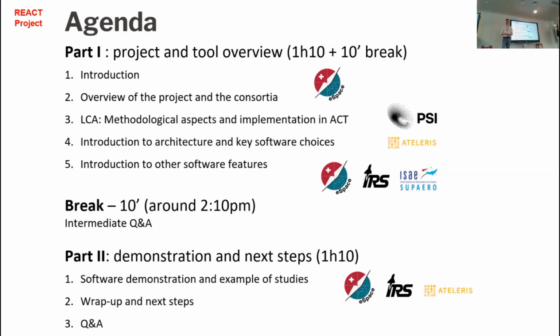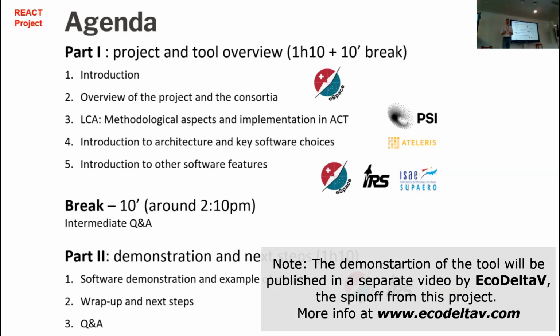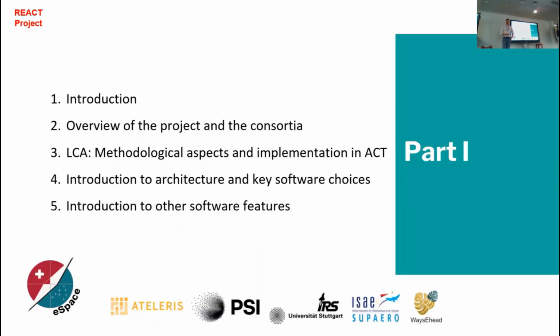There will be a QR code you will see. And in the second part, it's more of a live demonstration showing the features of the tool, and then concluding and keeping some time for questions at the end also. And so let's start with this first part, introducing the project, the consortium, and what has been achieved.